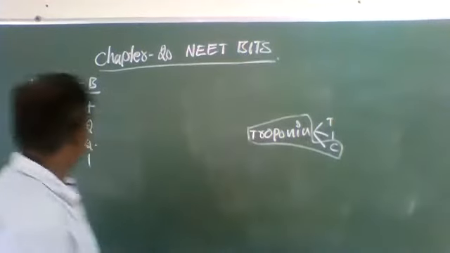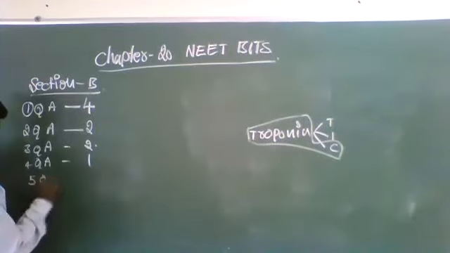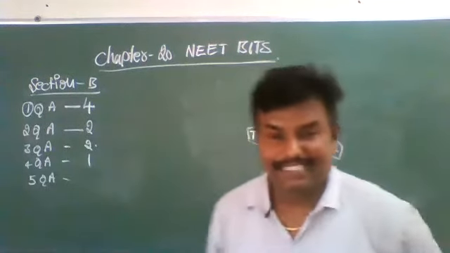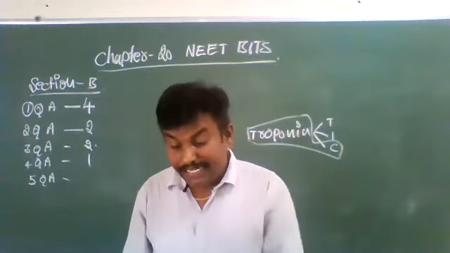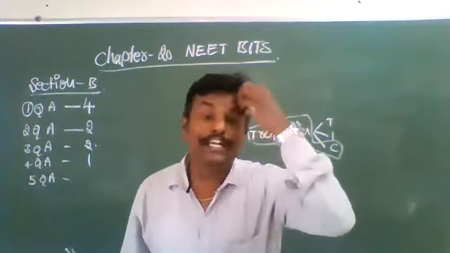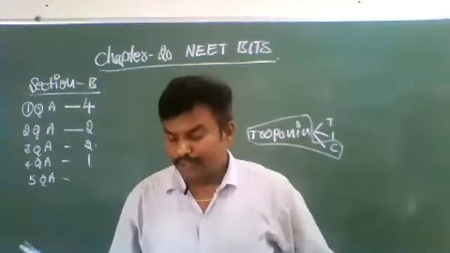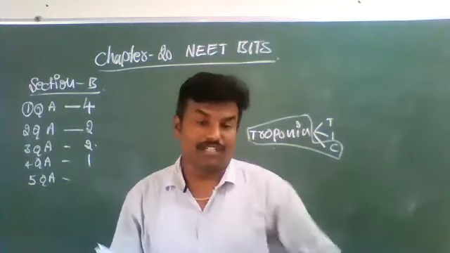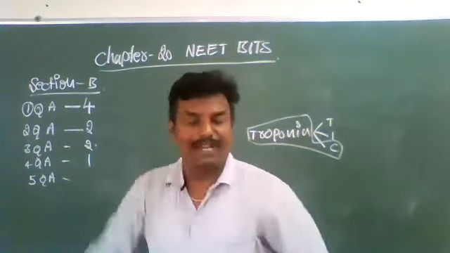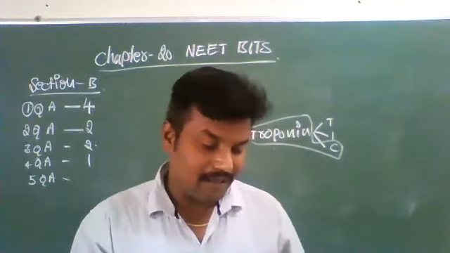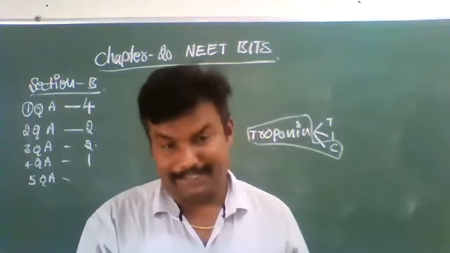Fifth question. Actually, this is also not in our syllabus. This related information they did not give in our syllabus, but it is important to learn. One of the following ions is essential for muscular contraction. For muscle contraction, one is important, two is important.